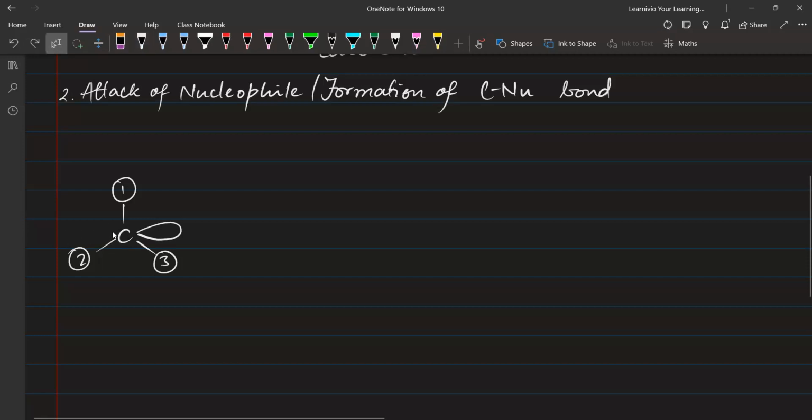Now this carbon atom has a positive charge. When the nucleophile attacks the carbon atom, it will put electron density in either this lobe. This is one p orbital, which has two lobes.